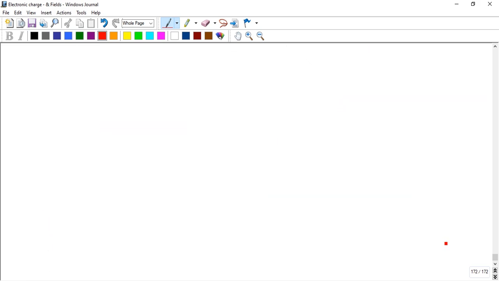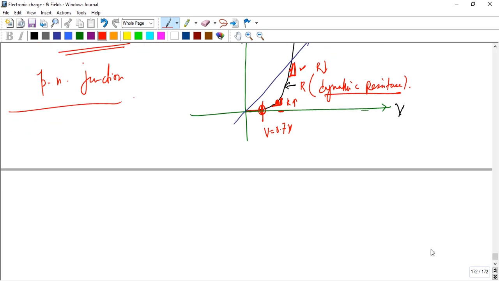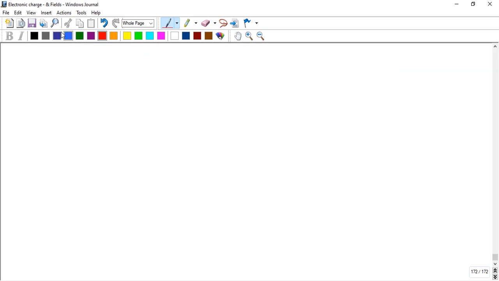Now we describe the microscopic view of Ohm's law. Micro is very small.